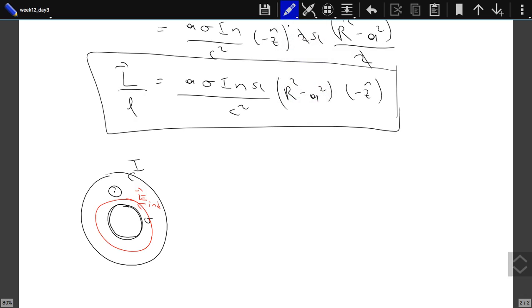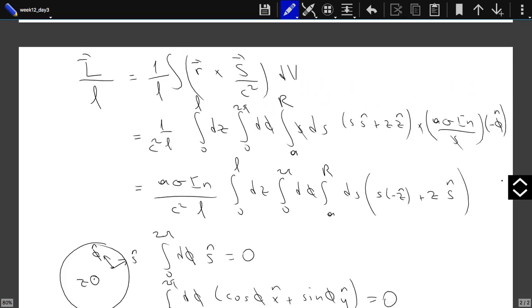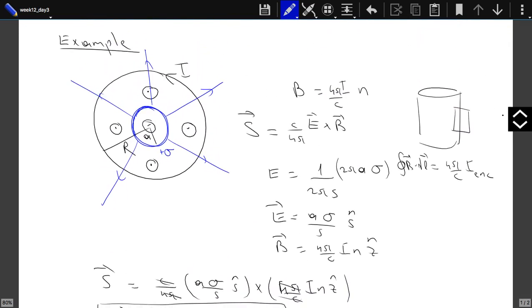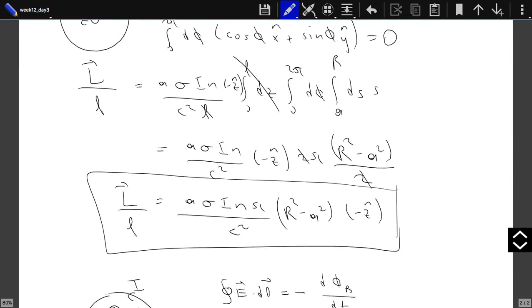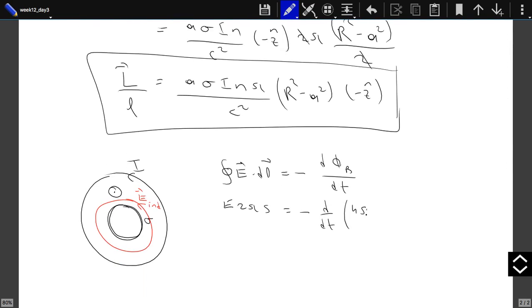And we can determine the magnitude of this E field by just using the integral of E dot dl equal to minus d phi B by dt. E dot dl around this loop will be E times 2 pi s, equal to minus d by dt of the flux. The flux is B, whose magnitude we had calculated, 4 pi I n over c, times the area pi s squared.